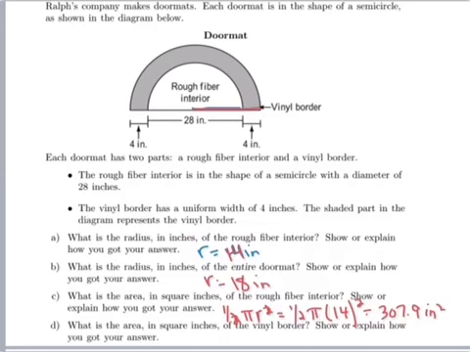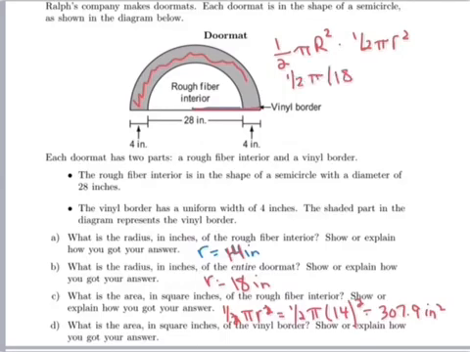And then we want to know the area of the border. So now we're doing the area between the two semicircles. So I'm going to do 1/2 pi big radius squared minus 1/2 pi little radius squared. Well, the big radius was the radius of the entire doormat, and we said that was 18.